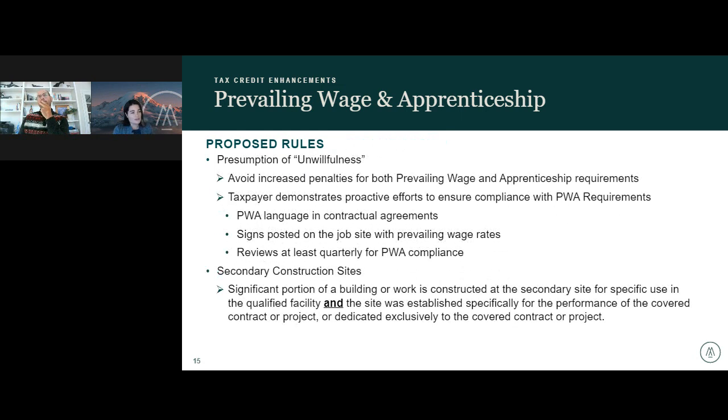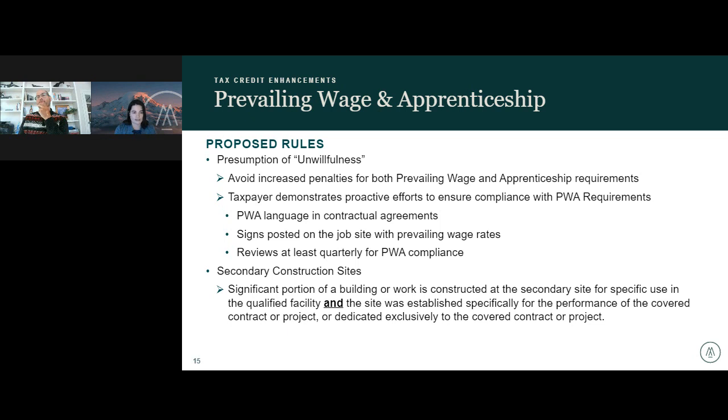Some additional pieces included in those proposed rules: I mentioned those enhanced willfulness penalties, $10,000 for prevailing wage, $500 per hour for the apprenticeship requirement. To avoid those increased penalties, you can create a presumption of unwillfulness by meeting several criteria.